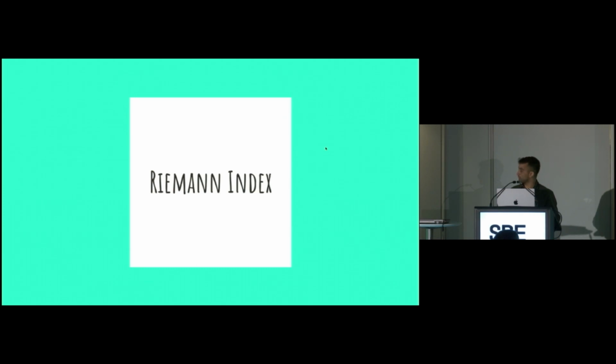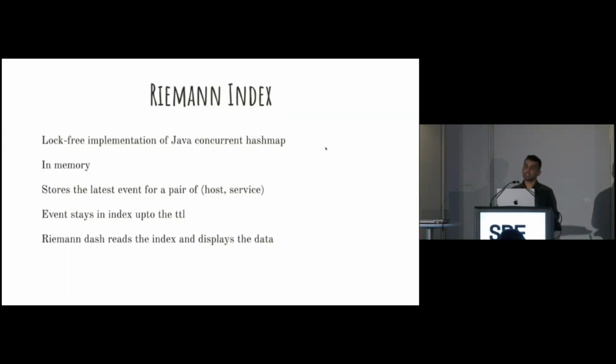Next, look at the Riemann index. The Riemann index is basically an in-memory data structure. It's an in-memory hash map which Riemann maintains. It's nothing very big. It's just a lock-free implementation of Java's concurrent hash map. The key of this hash map is basically a host and service key pair, and a Riemann event stays in the index up until the TTL.